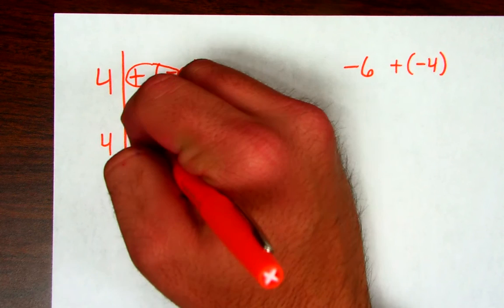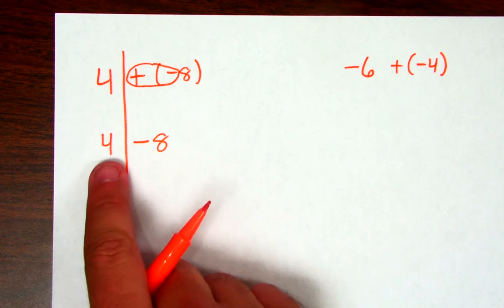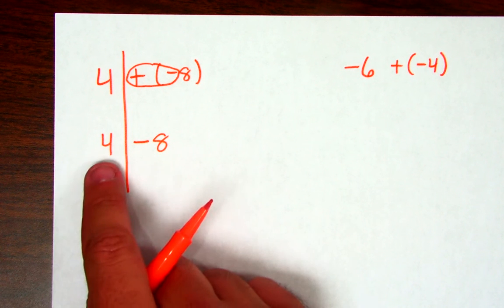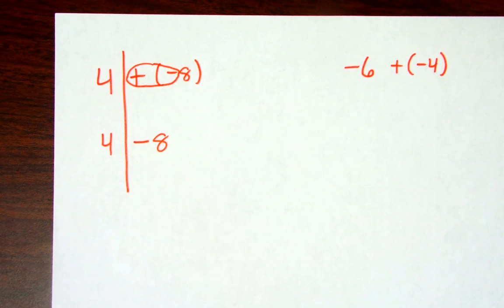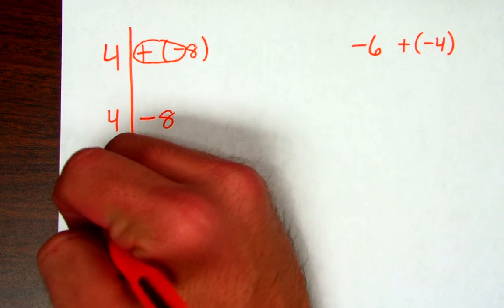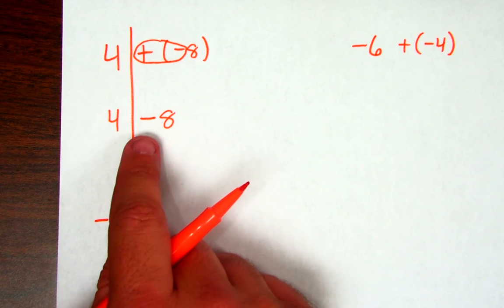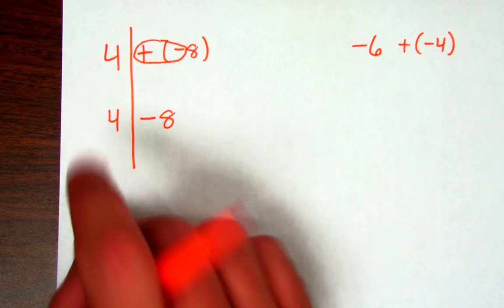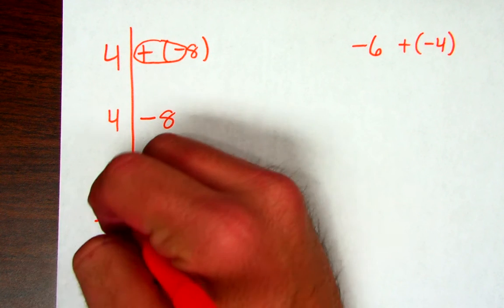That's just the math rule. So now what we have is 4 positive attitudes and 8 negative attitudes. So what do I have more of? Well, I have more negative attitudes. Therefore, my answer will be negative. And since the signs are opposites, I have a negative and a positive, you must subtract the numbers. So 8 minus 4 is 4.